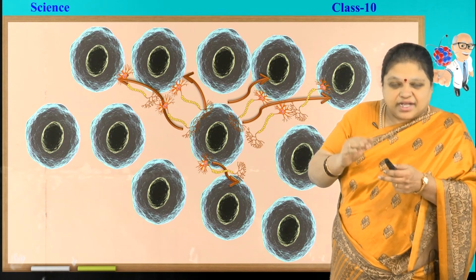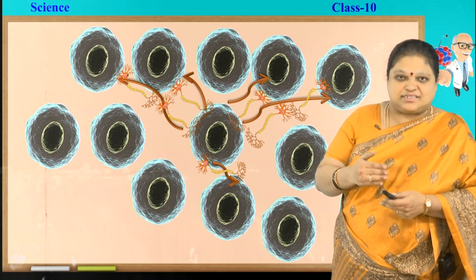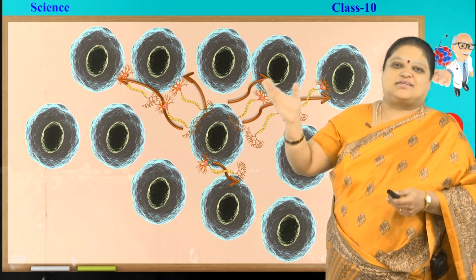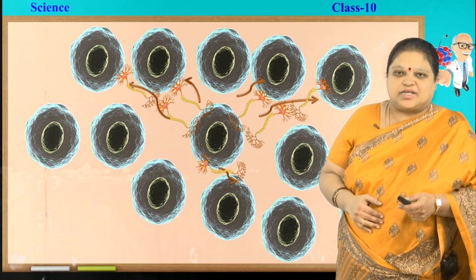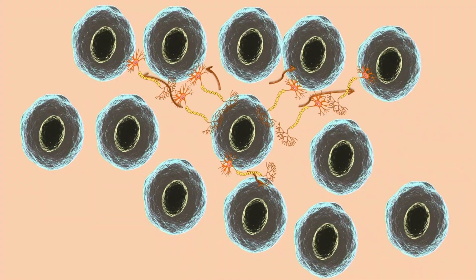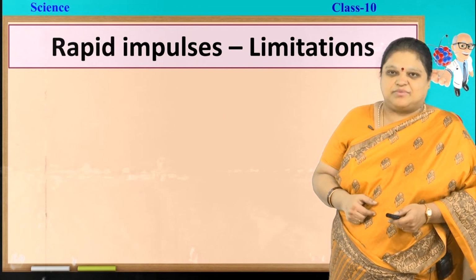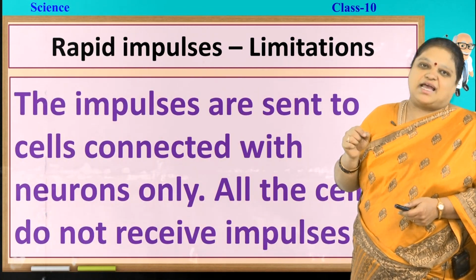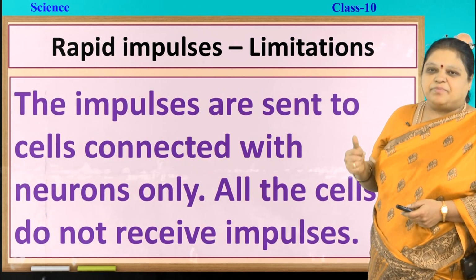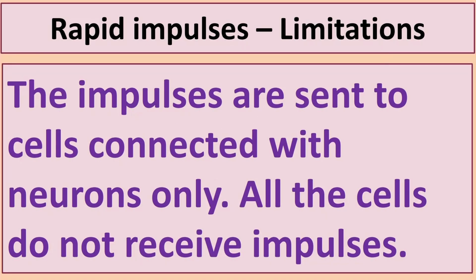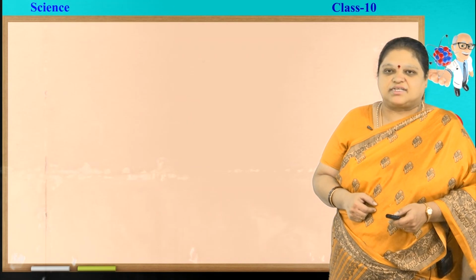It has to readjust, reset itself, and then again start sending the impulses. So, the condition is that it has to reset and again send the impulses. It takes time. So, rapid impulses have their own limitation. The impulses are sent to cells connected with neurons only. All the cells do not receive impulses. I want you to make note of all these things.